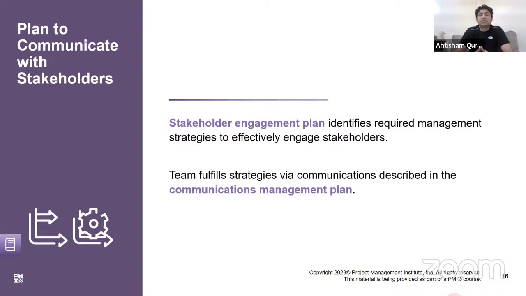Some people communicate on Teams, Zoom. They are comfortable on email. They want weekly updates. Some people want daily updates. Some people want monthly updates. Some people want to be engaged when and where needed. So it all depends upon different communication styles, communication methods, communication frequencies. So we talk about all this in the communication.